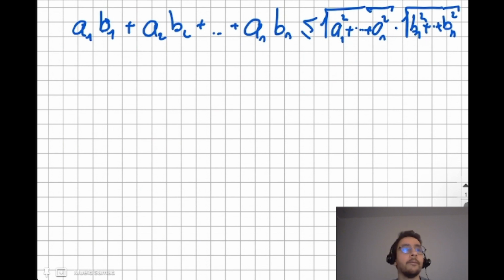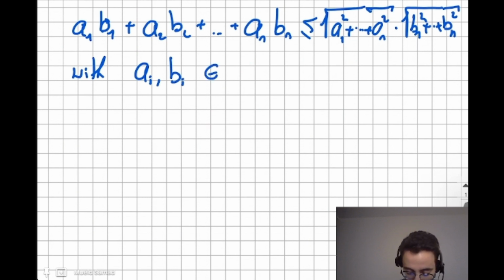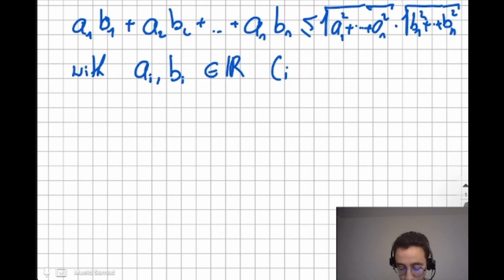Okay. This holds given all of these ai's and bi's being real numbers, and of course the i goes from 1 to n. All of these numbers are real numbers.